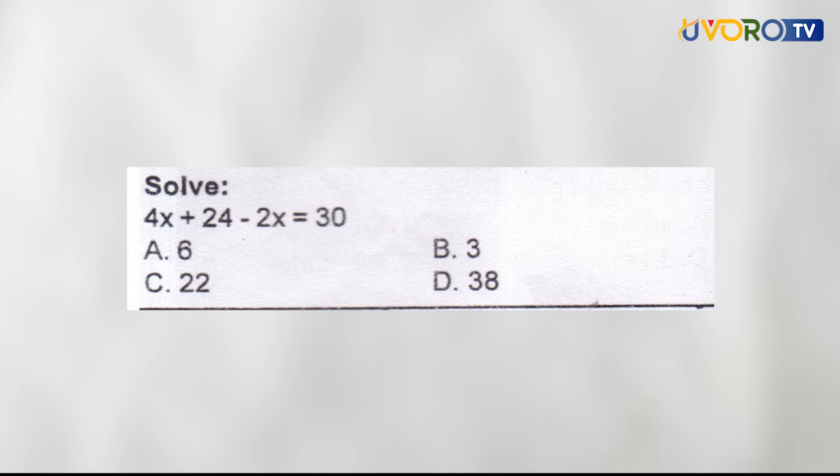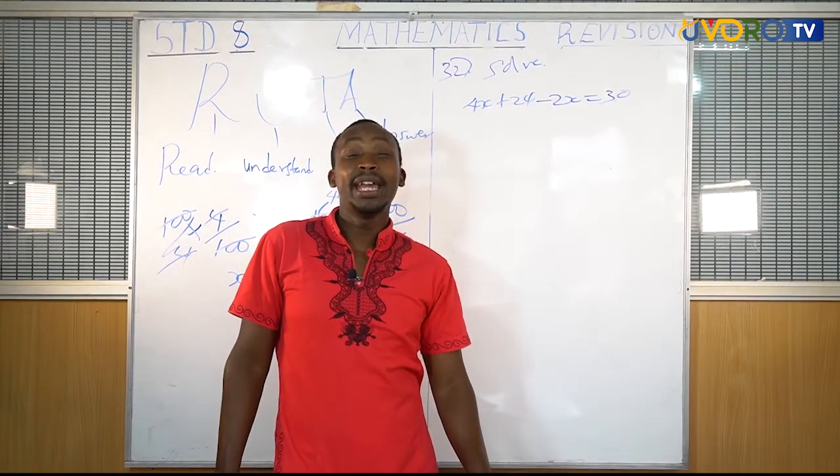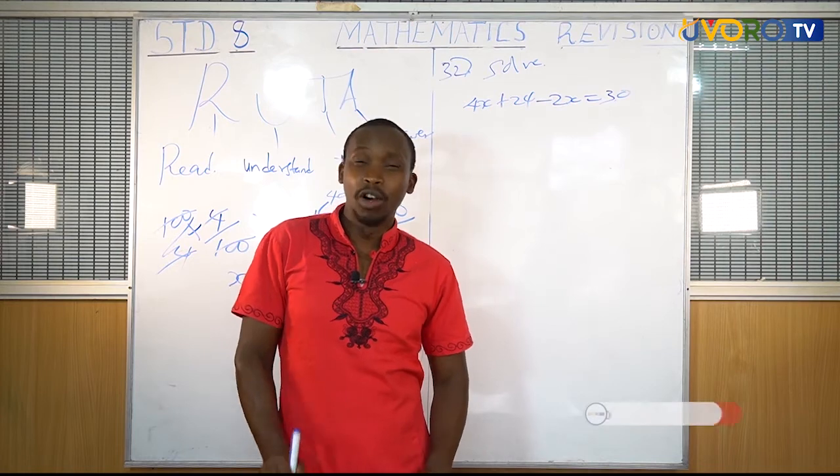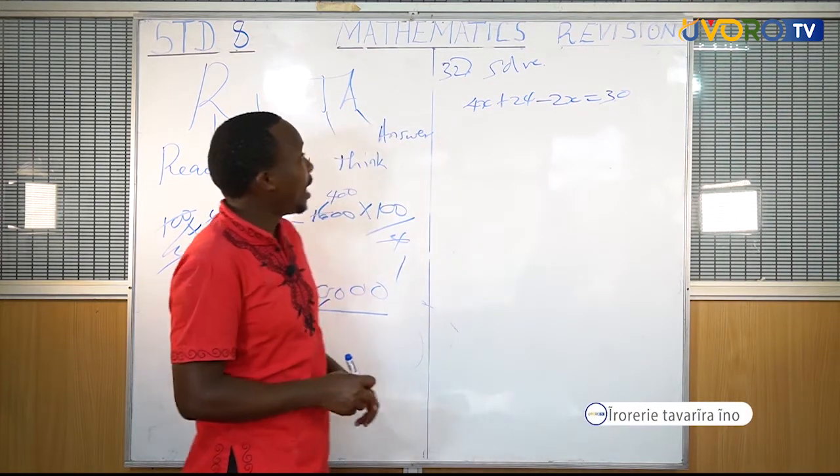We are supposed to use our formula, that is root R for reading. Let's read. Solve 4x plus 24 minus 2x. It is going to give you 30. Can that be possible? Surely. We are supposed to find the value of x.